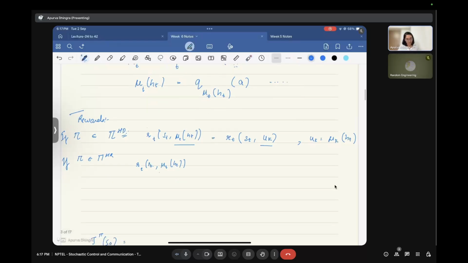Which means here, if we want to find out the reward for this particular policy, which is history dependent and randomized, we need to consider each of these situations.